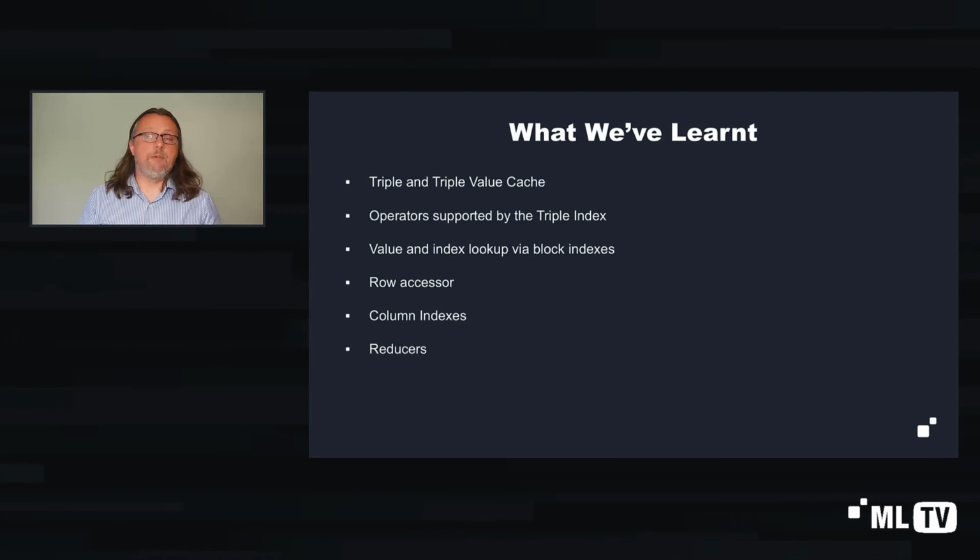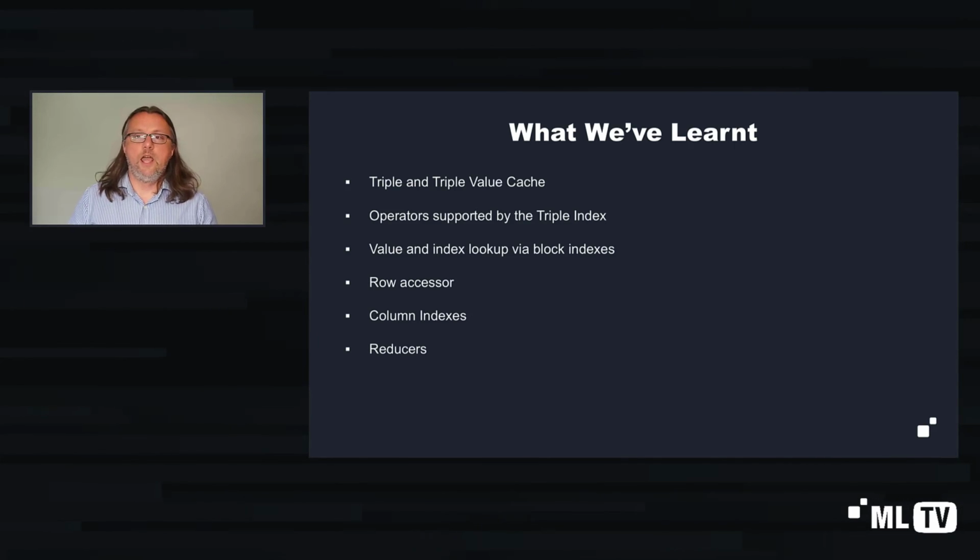So to recap what we've just learnt, we've looked at the triple and triple value cache, what they store and how they store that. We've looked at the different operators that are supported by the triple index that can actually be used to reduce the amount of data that we read from the triple index. We've looked at value and index lookups via the block indexes and how that works.